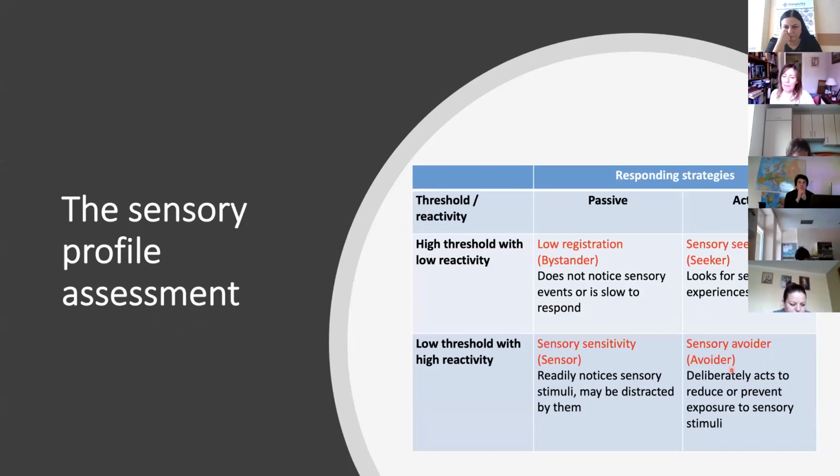Then you also have people also with that low threshold, so respond very quickly, but don't actually quite manage it. And as a result of that, they can get overwhelmed very quickly. This is the criteria you often find that children with autism fall within, because they find it quite difficult to modify and actually control sensory stimulation around them, and they can find it overwhelming.